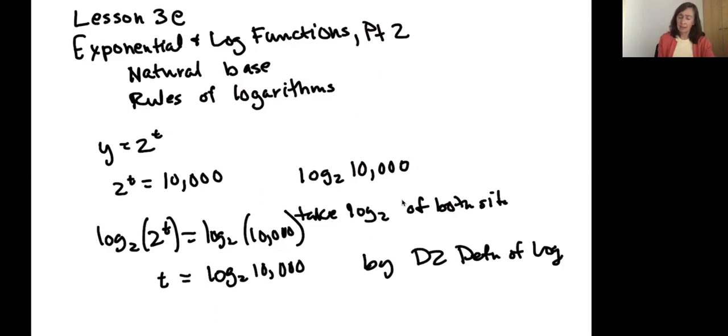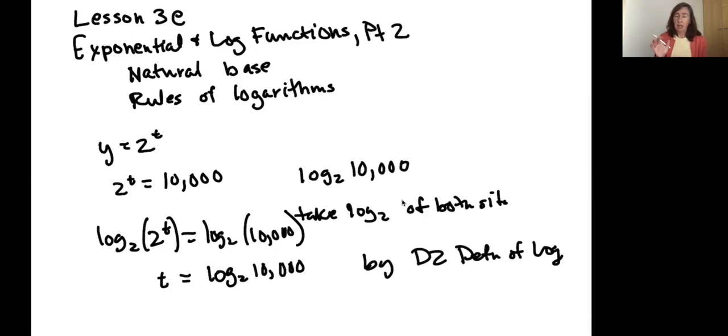Problem is, my calculator can't tell me what the log base 2 of 10,000 is. I have what's called a natural log button, and sometimes calculators might have another one, but typically that's the only one that you have. No problem.